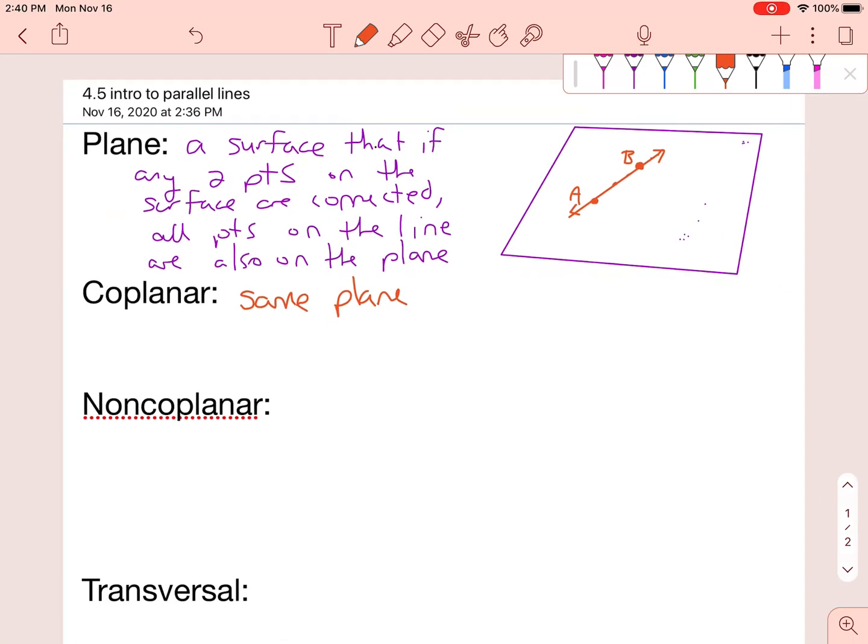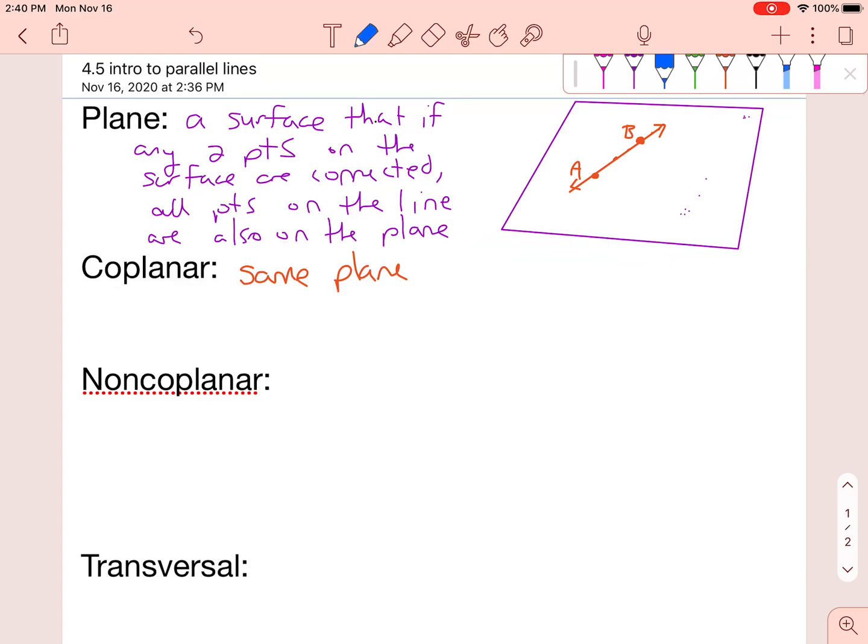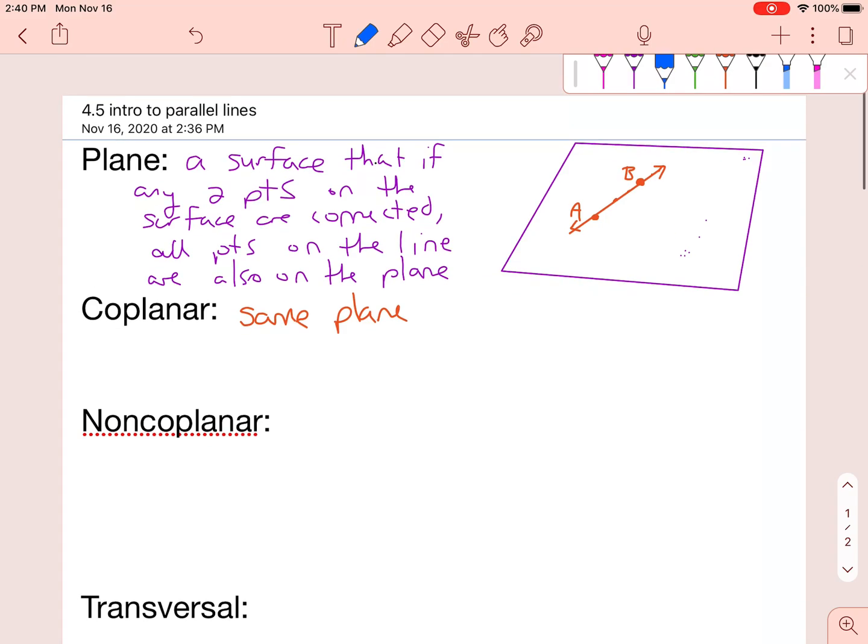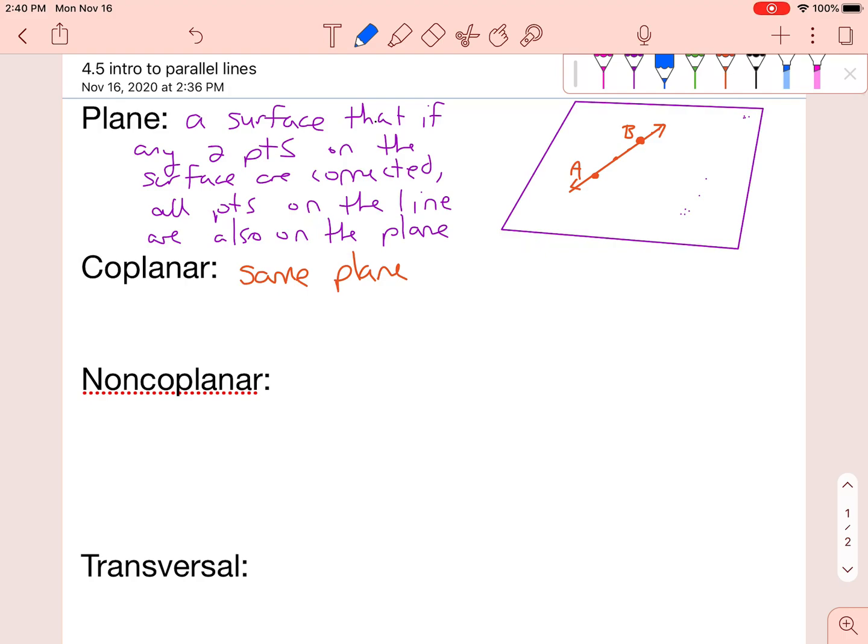Okay. You can have intersecting planes. I can get really deep into this. I'm not a good drawer, but it's almost like you have 2 pieces of paper that are, you know, intersecting each other, kind of like this, cutting through each other, if you would. And so what happens is I can have points that are on this paper that are not on the other paper.